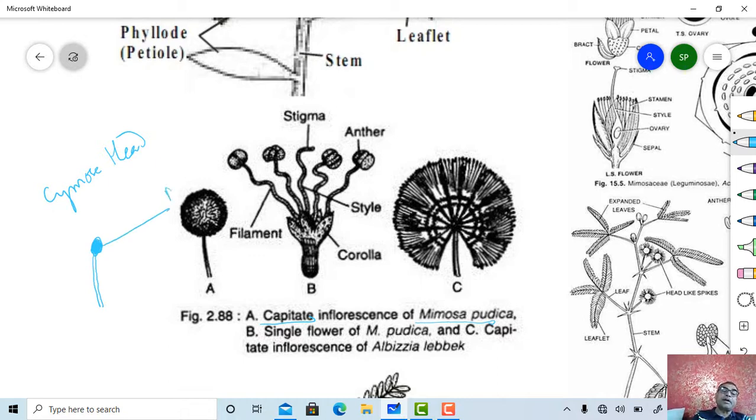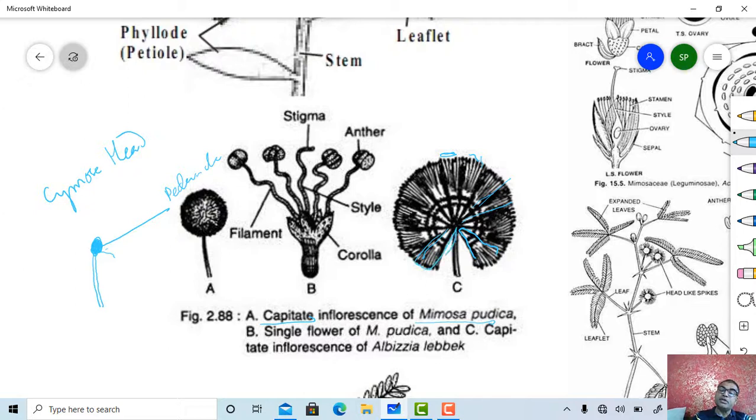So this is a peduncle, also called a receptacle, and on this peduncle sessile flowers are present. This one is one of the sessile flowers. This is again another sessile flower. So these are the portions where sessile flowers are present.